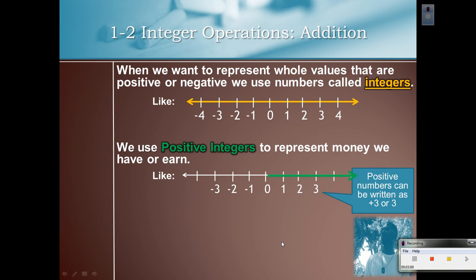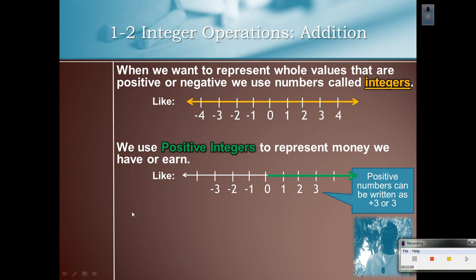So when we think of positive numbers, remember, if there's no symbol in front, we automatically assume that is a positive integer. And throughout my notes, you might see my face pop up and give you some different little tidbits and help. Those also you can record in your notes.